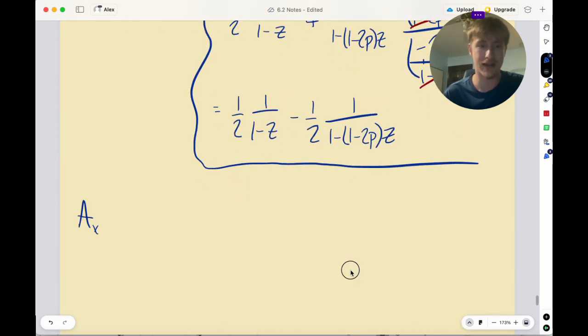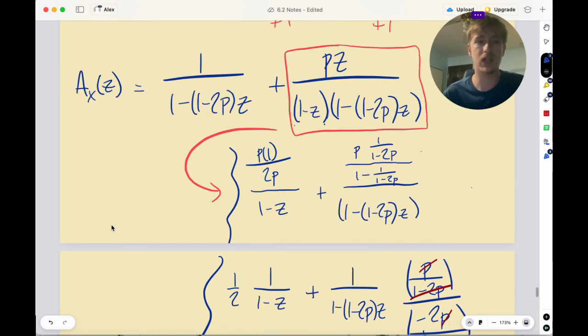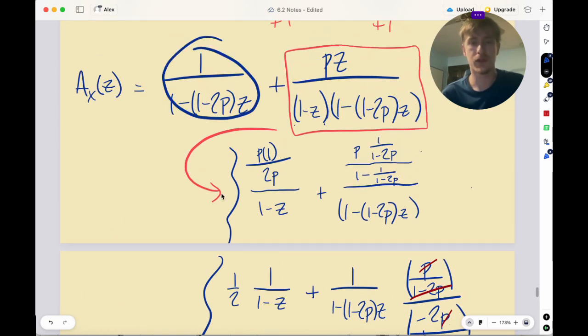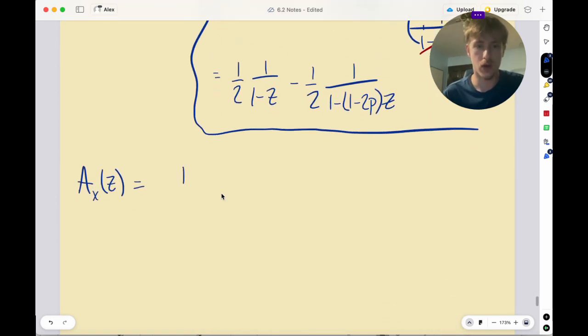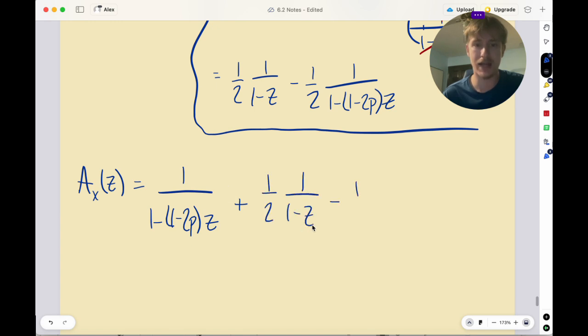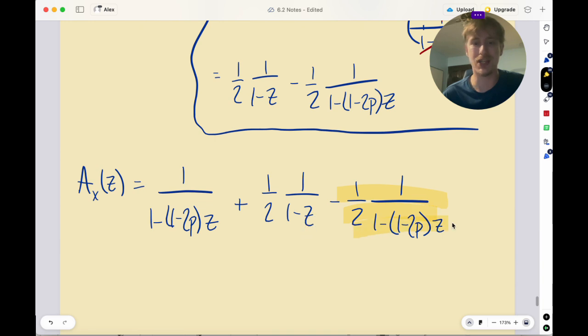So we have A of z, the generating function, is going to be equal to, we still have this first term, don't forget about that first term, 1 over 1 minus 2pz. And then we have plus 1/2 times 1 over 1 minus c, minus 1/2 times 1 over 1 minus 2pz. Clearly these are like terms.